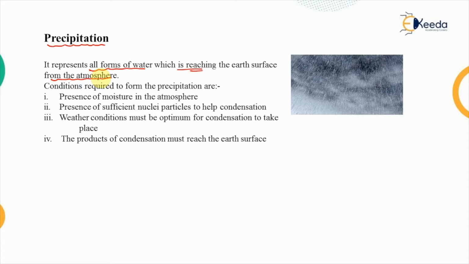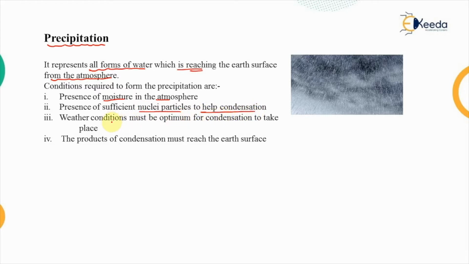But to form this precipitation, certain conditions must exist. The first condition is that there should be enough moisture in the atmosphere. Second is the presence of sufficient nuclei particles to help condensation.